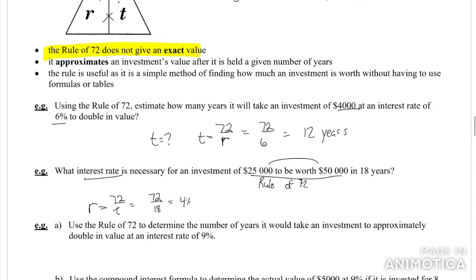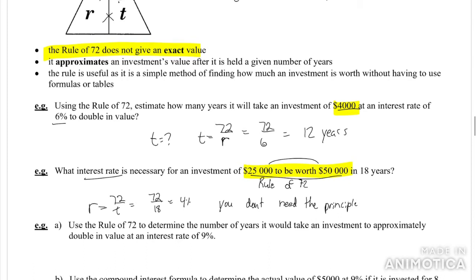Fun fact. You don't need the principal. So they give you the $25,000 and the $50,000. They also, in the first one, gave you $4,000.